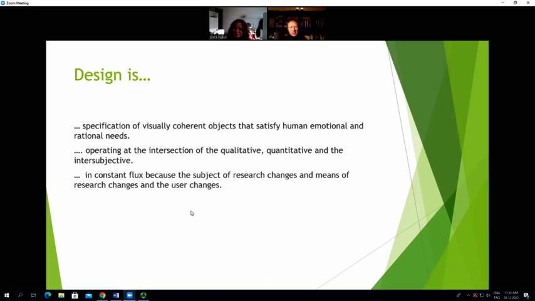And design is in constant flux because the subject of research changes, the means of research changes, and the user changes. So how we find out is constantly evolving. The methods that we use and the context of our research is changing. Society is in flux. And finally, our users themselves change both in time and in the course of their lives and in relation to other people.